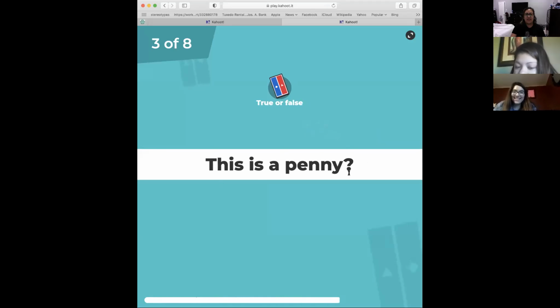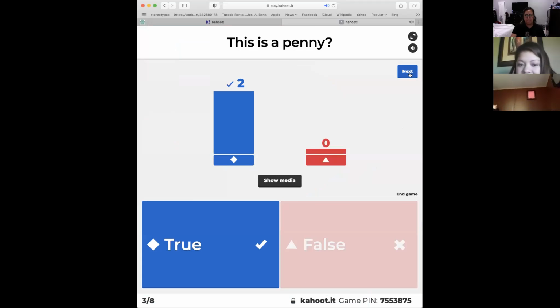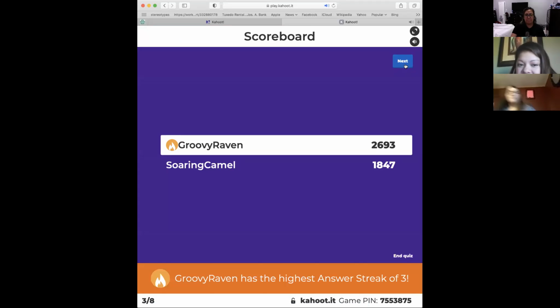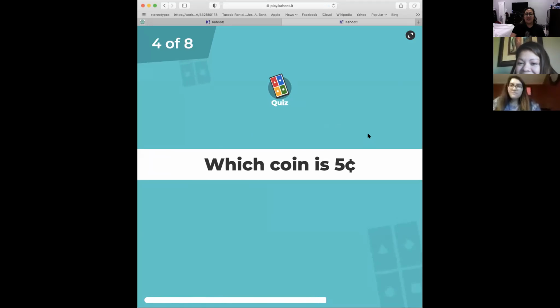So this is a penny. Is this true or is this false? Which coin is 5 cents?